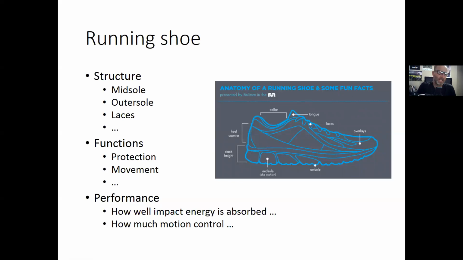They're not all necessary, but they do make up a shoe. And so if we take any particular shoe, we could sit down, break it down to all the different parts that make up that shoe. And it would be different based on which model of shoe or what type of shoe we're looking at. Okay, so that's the structure of the shoe. What are the functions of the shoe? Well, primary functions are to protect the foot from the ground, maybe from abrasions or maybe from rocks, or maybe it's protection from impact.